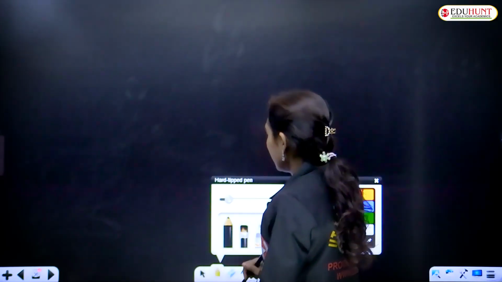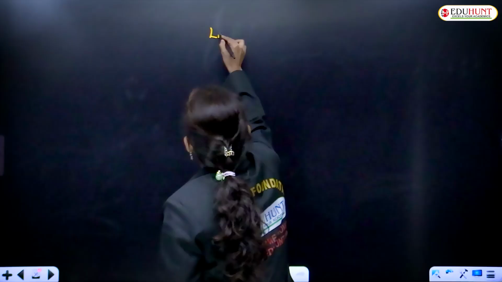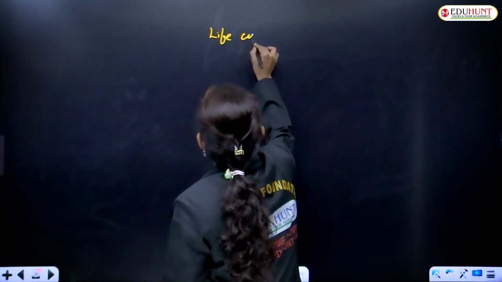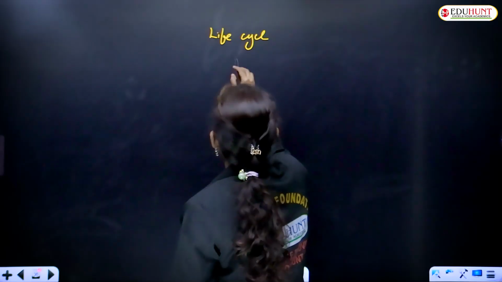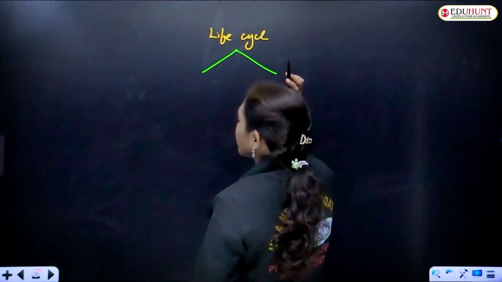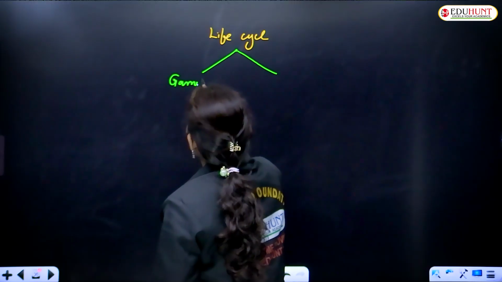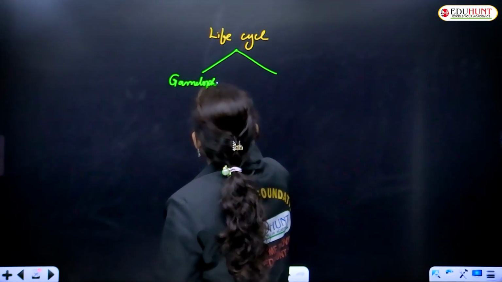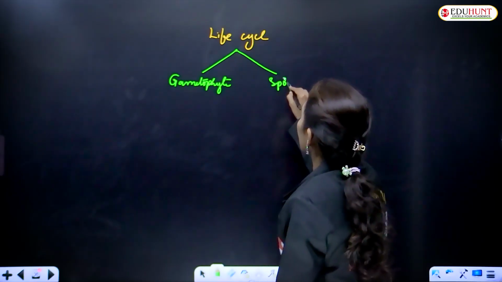The life cycle consists of two phases: the gametophyte and the sporophyte.